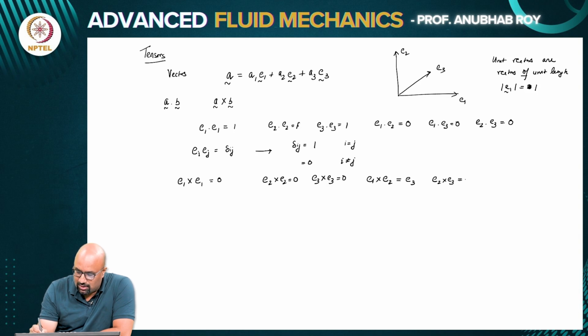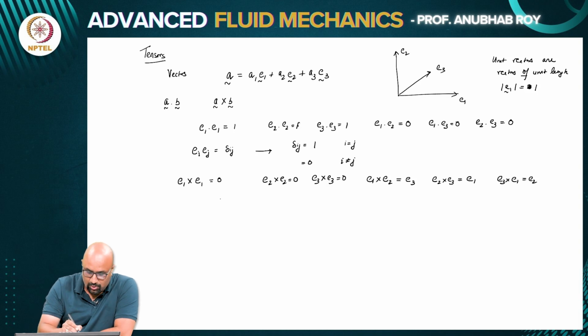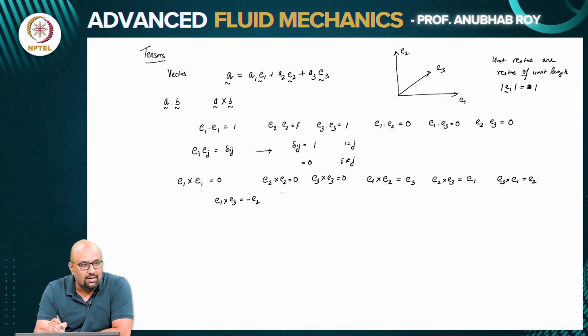Similarly, E2 cross E3 is going to be E1, and E3 cross E1 will be E2. And by knowing what you know about cross product, you know that if you were to do E1 cross E3, that would be minus E2, and you could work this out for all the cases.